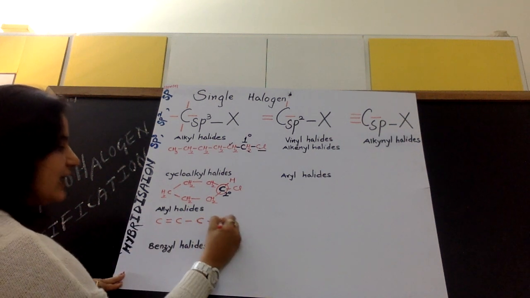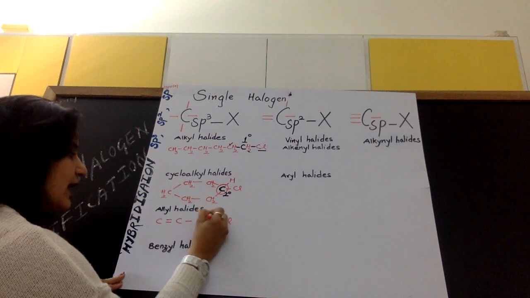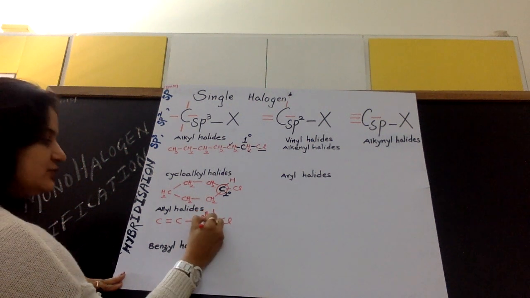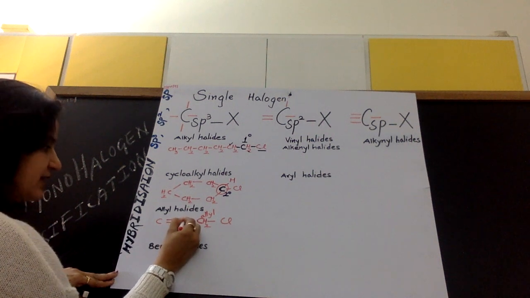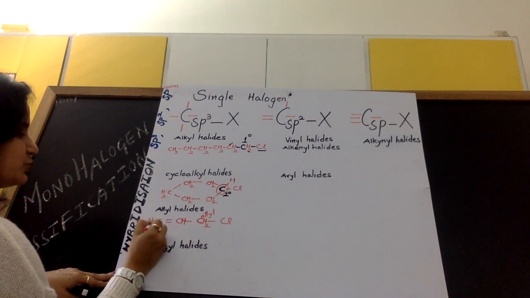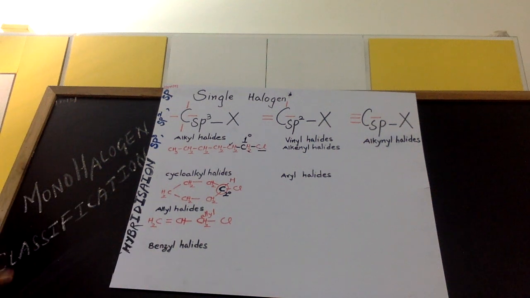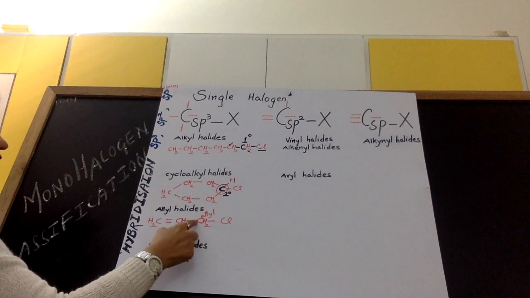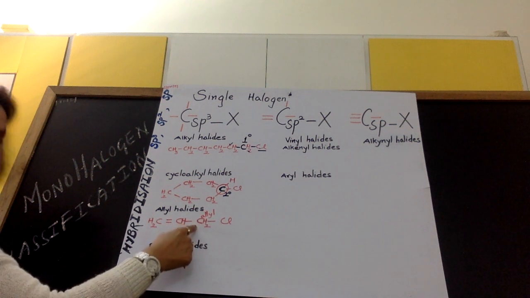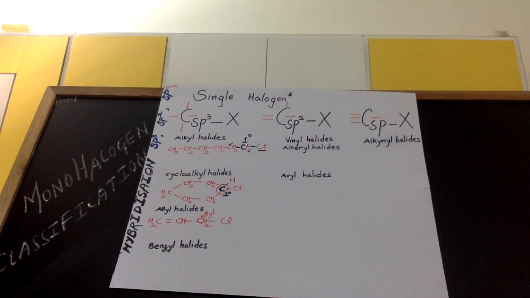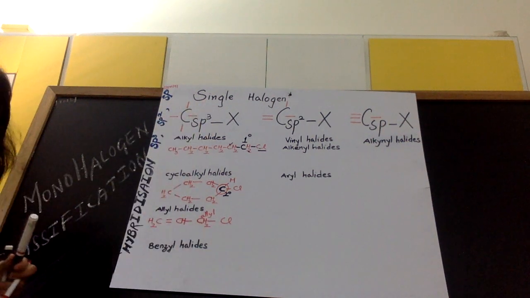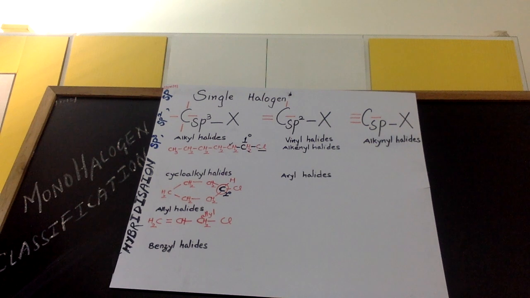I am writing a halogen on an allyl carbon with 2H on it to satisfy the valency, 1H here and 2 here. So this is an allyl chloride where halogen is on an allyl carbon. This allyl carbon is also having 4 single bonds. So this is also Csp3-X type.